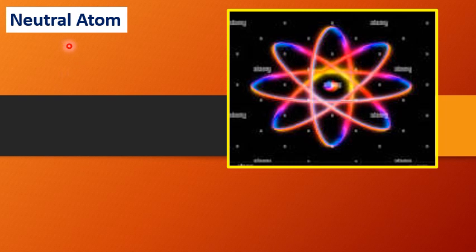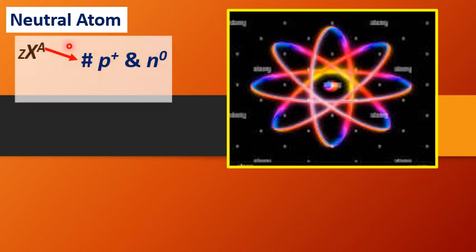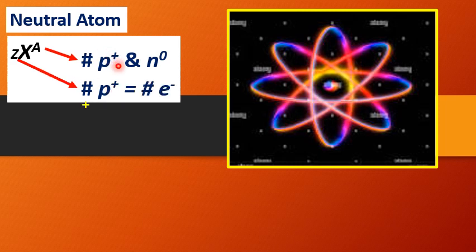In a neutral element X, we usually write the mass number, capital A, as the superscript in the element symbol, and it represents the combined number of protons and neutrons, while the subscript, capital Z, is the atomic number representing the number of protons, and if the atom is uncharged or neutral, it is also equal to the number of electrons.